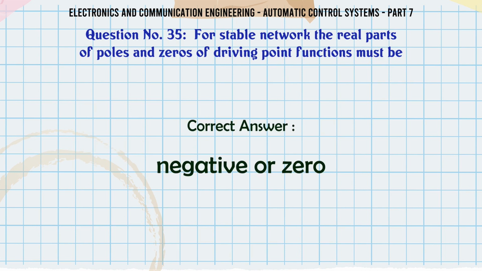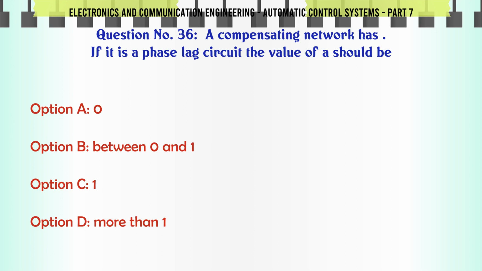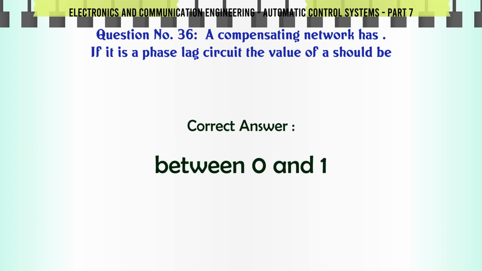The correct answer is negative or 0. For a compensating network, if it is a phase lag circuit, the value of alpha should be A. 0, B. between 0 and 1, C. 1, D. more than 1. The correct answer is between 0 and 1.